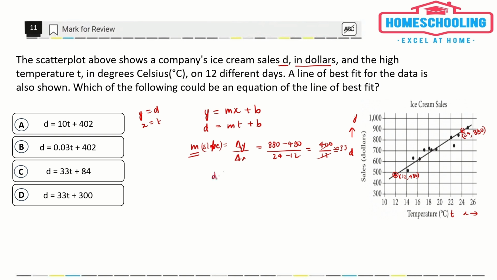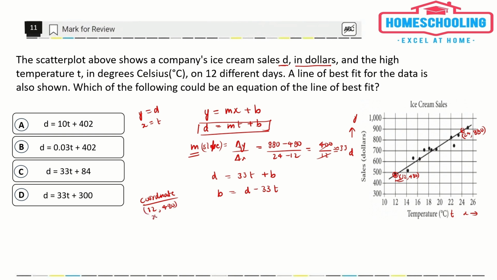So now we can write this equation. We can put the slope in this equation. So D is equal to m, slope is 33, T plus b. Now if we have to find the value of b, we can write it as D minus 33T. So we have taken two coordinates on the line. So let's take this coordinate here, 12 and 480.